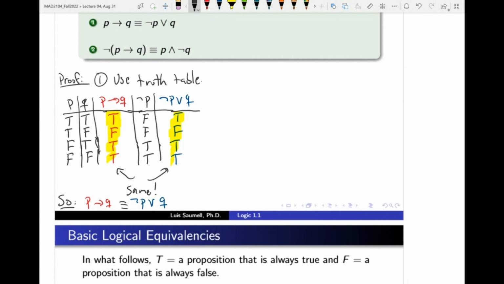So as with number 1, let's prove number 2. This time I'm going to do it with no table. Let me show you. Basically, the idea is I want to show that the left is logically equivalent to the right. Now you should understand that there is a transitivity property here. For example, if P is equivalent to Q and Q is equivalent to R, what can we say about P and R?